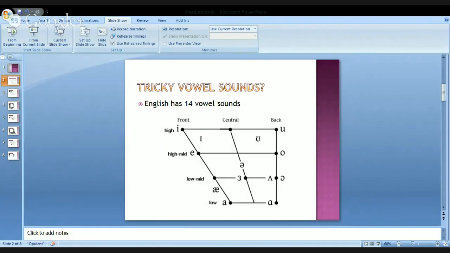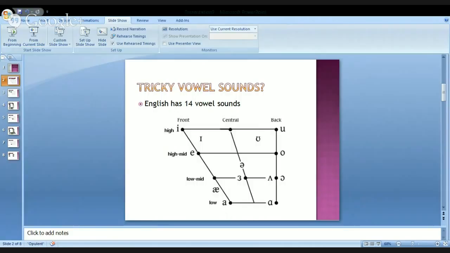There are different symbols, and each symbol has a sound. For example, English is not phonetic like Spanish. Spanish has one sound for every letter. English isn't like that. So if we want to write a word's pronunciation in the dictionary, we write it with these symbols.